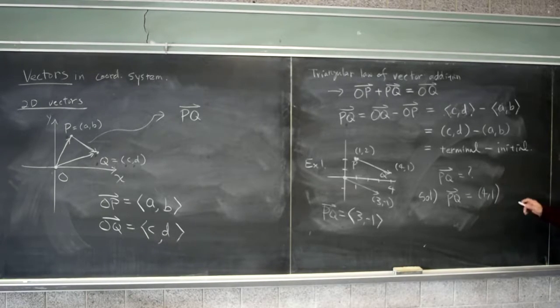So let's write 4, 1 minus 1, 2. Right? And then you compute this coordinate-wise. So you do 4 minus 1, which is 3, 1 minus 2, which is -1. Hey, it's the same thing, right? And you put angle brackets.